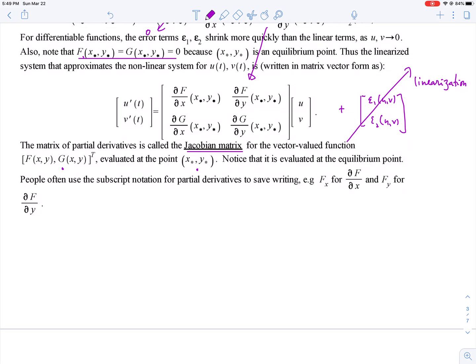Now, we'll be computing a lot of Jacobian matrices, so in case you haven't seen it before, you can do a lot less writing if you just write f sub x for the partial of f with respect to x and f sub y for the partial of f with respect to y. And as long as you know what point you're evaluating it at, you don't have to put that in. And so by writing the Jacobian matrix this way, I save a lot of writing.